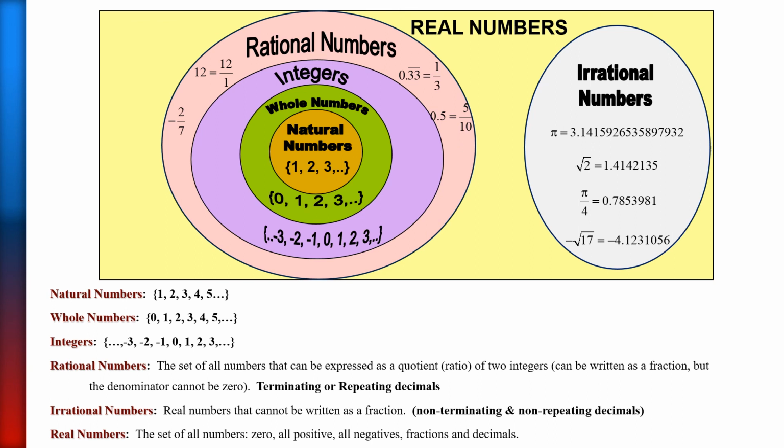Okay? So you have rational numbers, and then you have irrational numbers. We talked about all of these numbers so far: natural numbers, whole numbers, integers, rational numbers, irrational numbers. All of those numbers fall under the umbrella or under the category of real numbers.